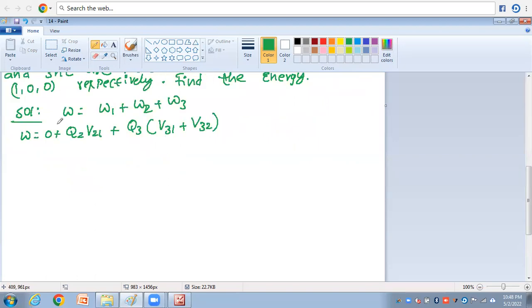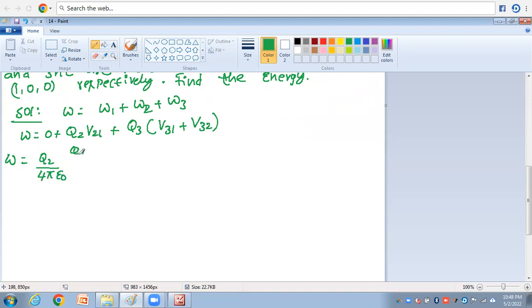Okay, the first point, W equal to first one is 0, then Q2. Just simply we can write charges, that we will substitute the values. Q2 by Q1, then actually initially you have to write 1 by 4 pi epsilon naught, but we can take common, Q2, Q1, Q2 like that, 4 pi epsilon naught.